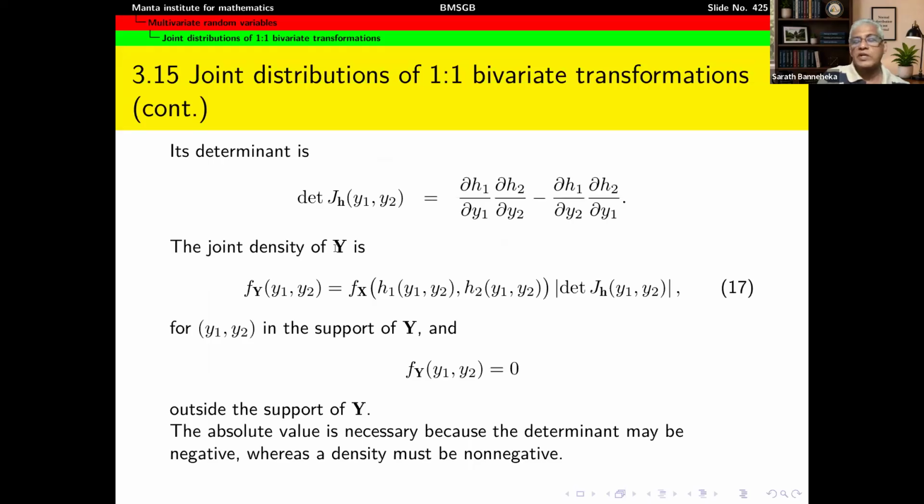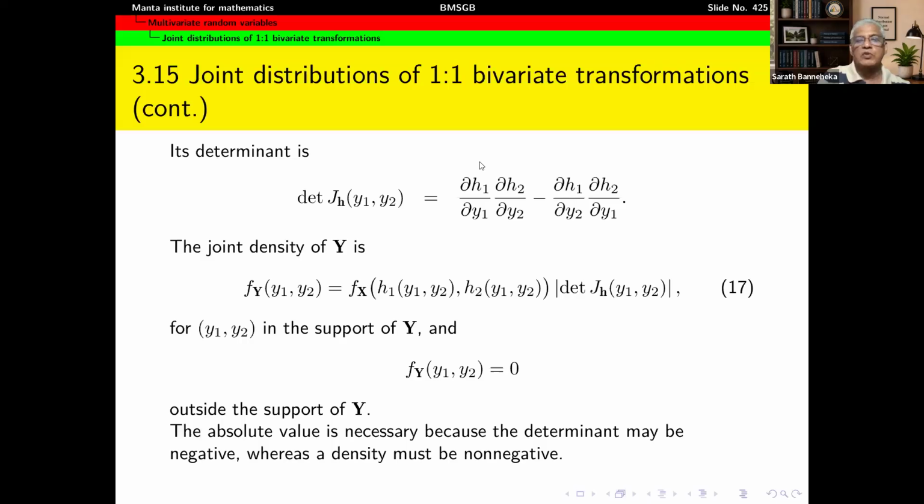Then the joint density of Y, f_Y evaluated at y1, y2, is equal to f_X evaluated at x1, x2. But now you have to write x1 in terms of y1, y2. That's why we write h1 of y1, y2, and then x2 as a function of y1, y2, that is h2 of y1, y2.